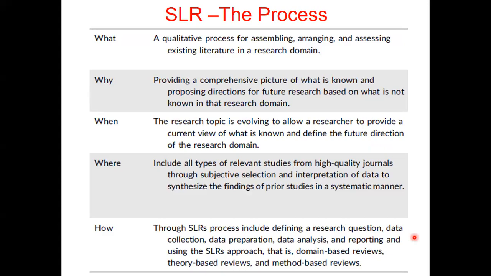Of course, it goes hand in hand with the 5W and 1H, okay? Then when, that's the research topic, is evolving to allow researchers to provide a current view of what is known and define the future direction of the research domain. Then, of course, where we expected to include all relevant studies from high quality journals, etc. And then the how, okay?